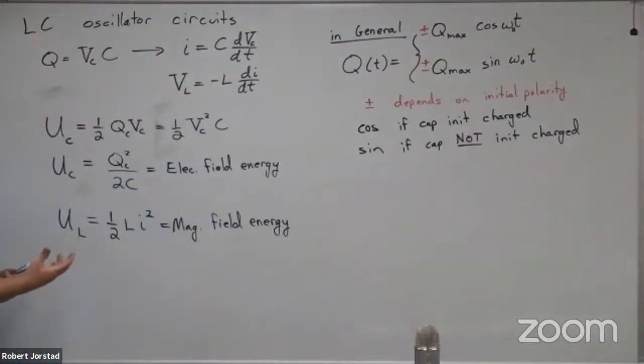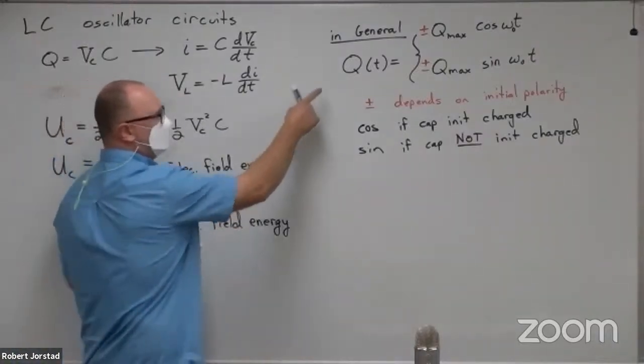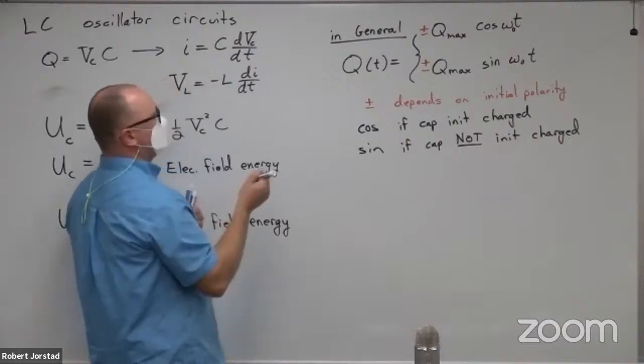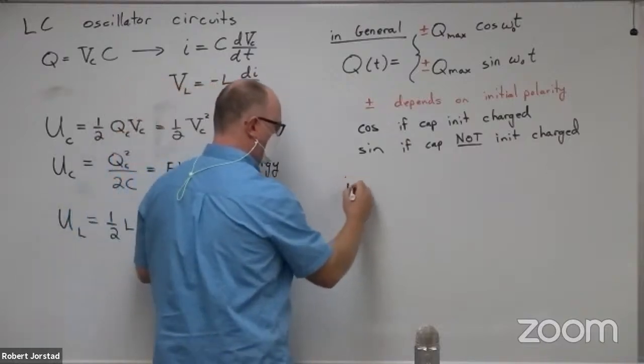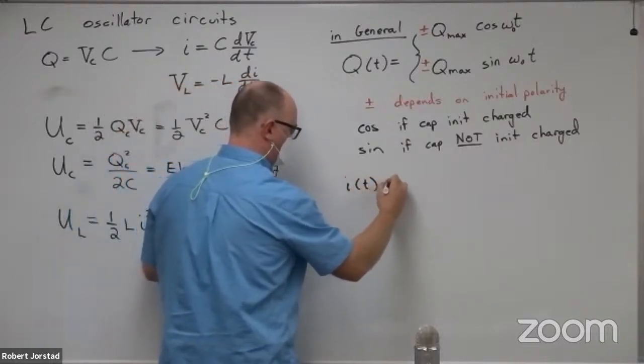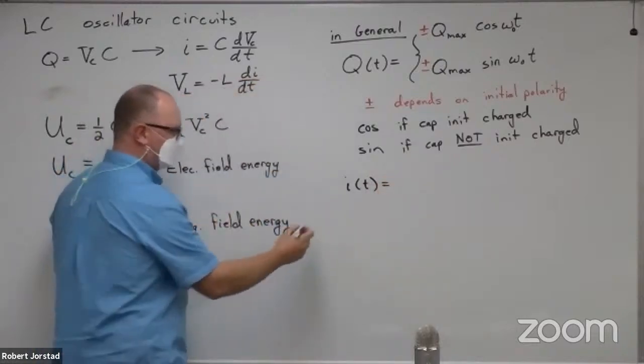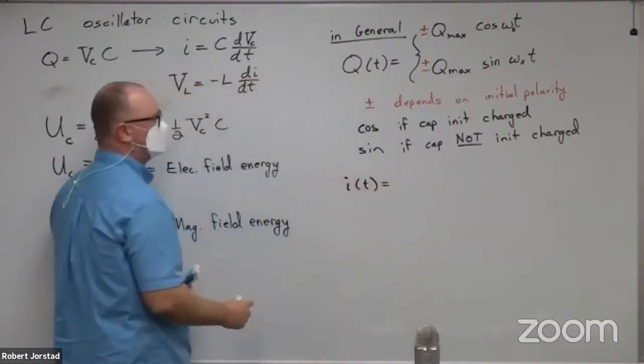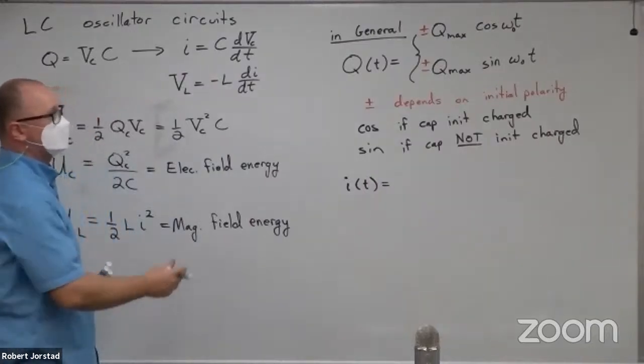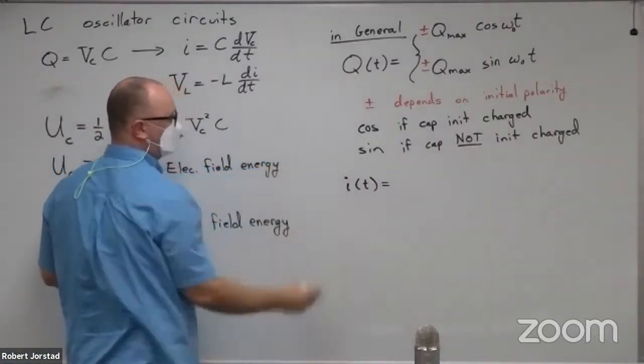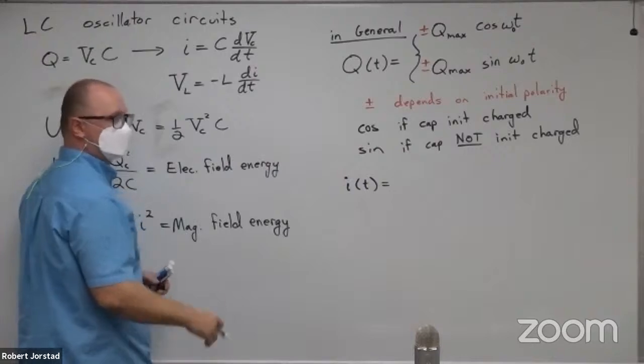Now, check this out. We only solved for Q, but remind me, how do we get current as a function of time? How does it depend on charge? The derivative of it.